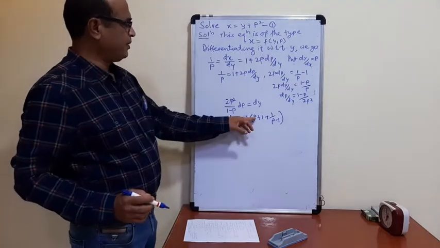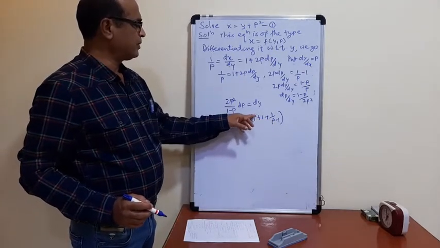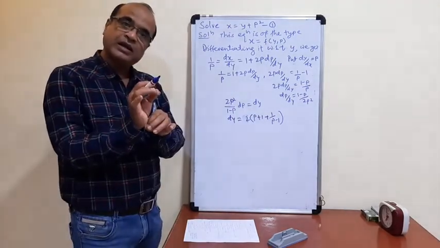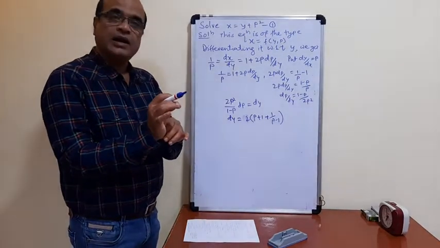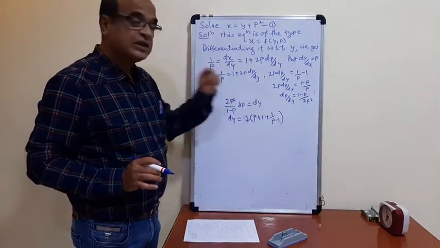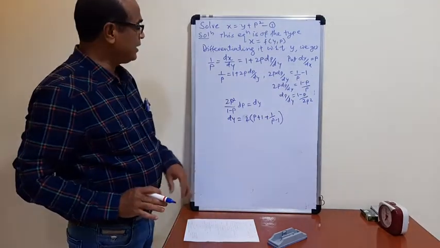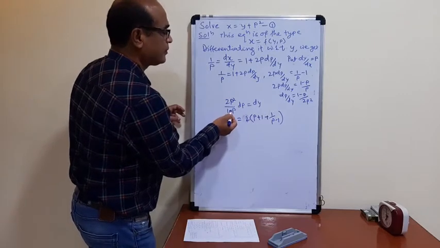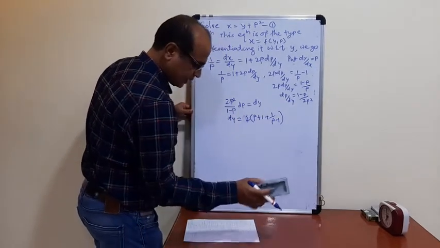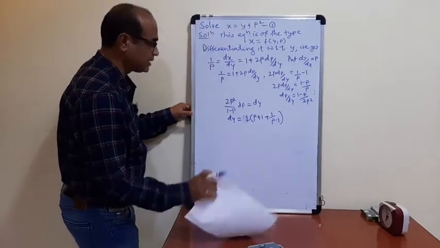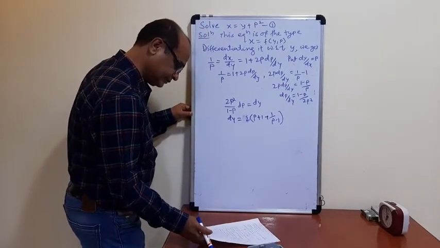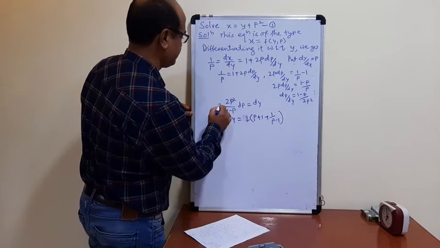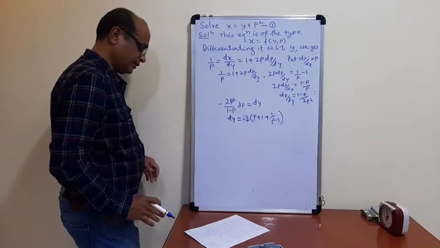So what happened here? p plus 1 into p minus 1, that is p square minus 1 and plus 1. So minus 1 plus 1 get cancelled. Only remaining here is p square. 2 is here and p minus 1. So that is 1 minus p is here. Just p minus 1. Minus 2 is there. So okay, p minus 1 is here.